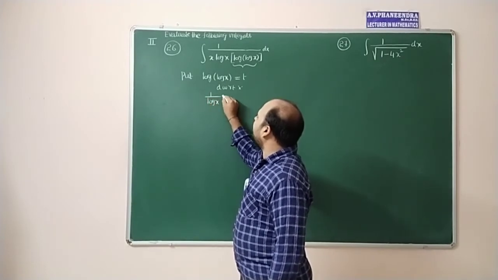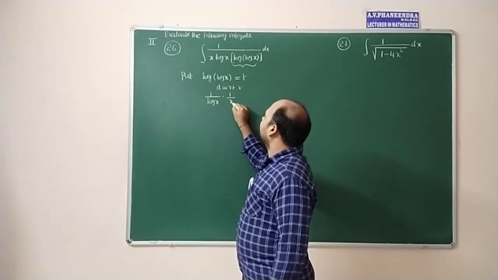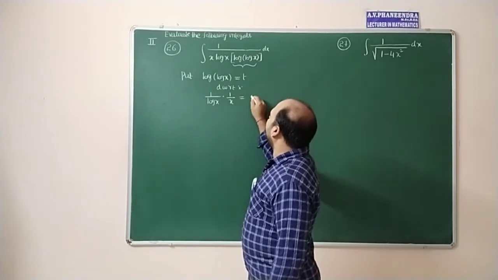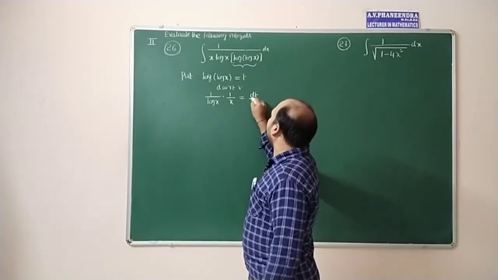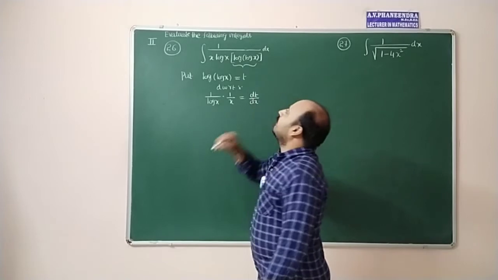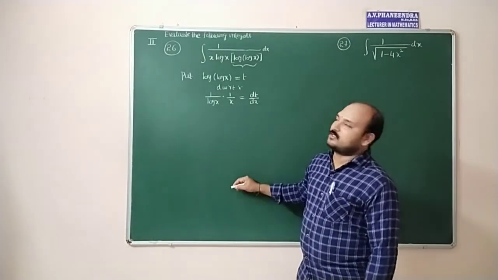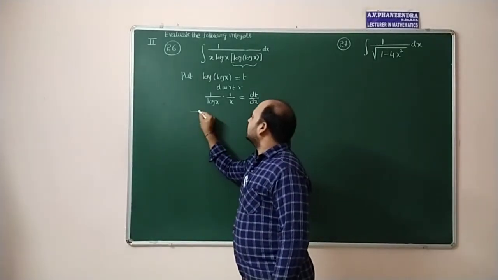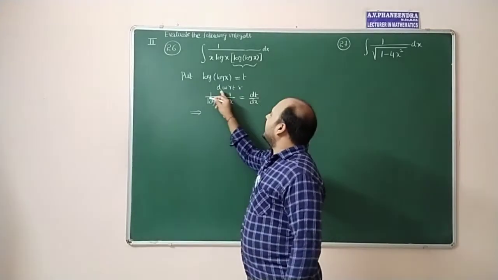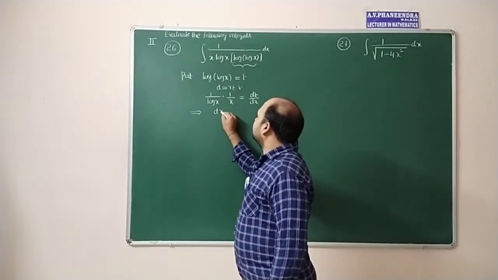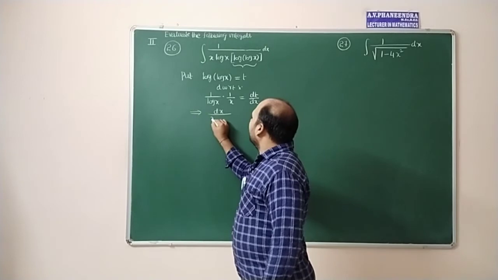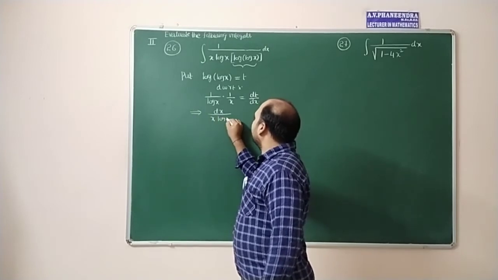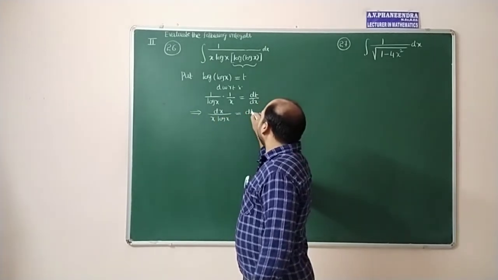Again log x you have to differentiate, which gives 1 by x. So 1 by x log x is equal to t derivative with respect to x, dt by dx. But I want only dx, so we take dx to this side. Dx divided by x into log x is equal to dt.